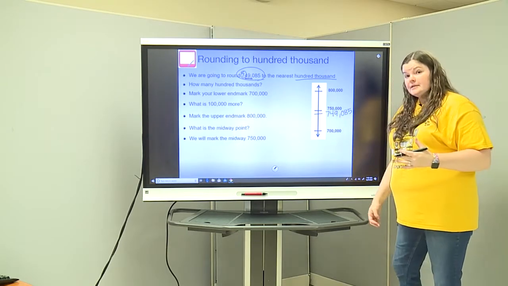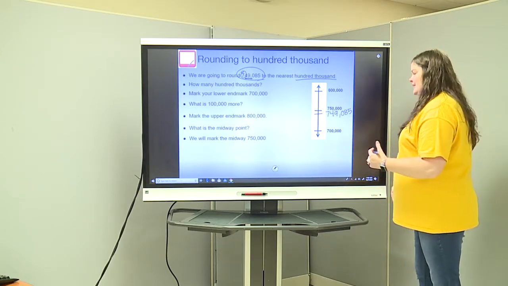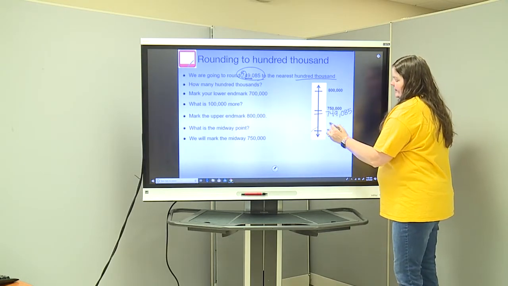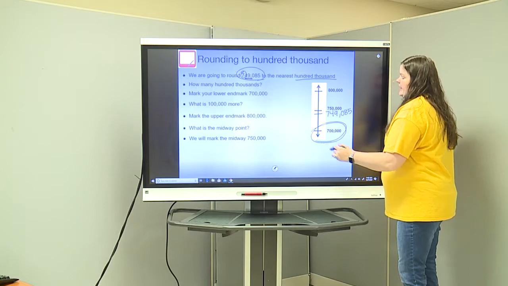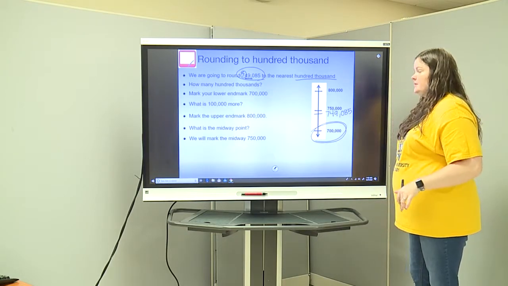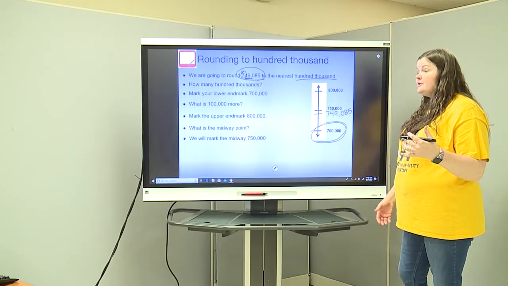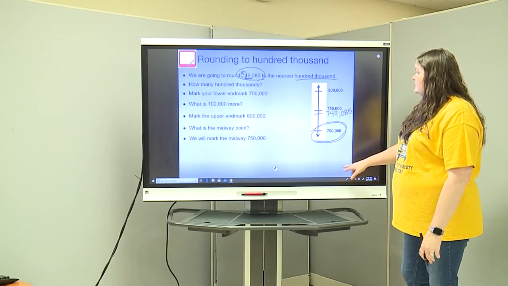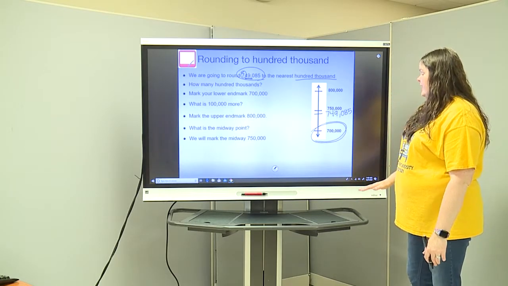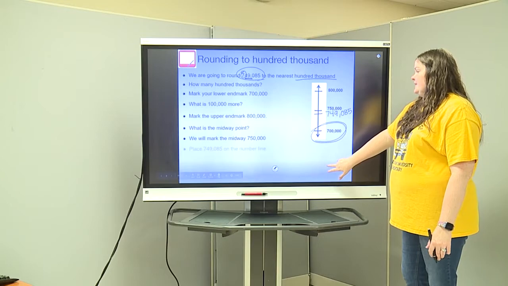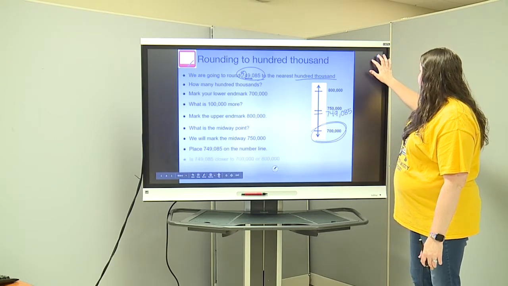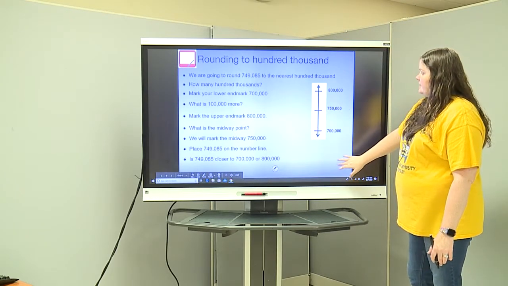So it's very close to that midpoint, but it's still a little below. So when it is below the midpoint, it rounds down to that bottom endpoint. So 749,085 is about 700,000. Very good job on that one, you guys.